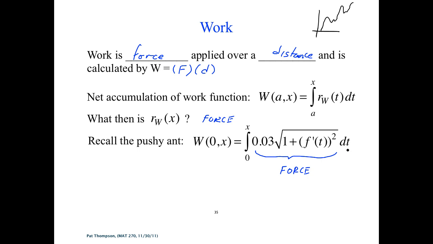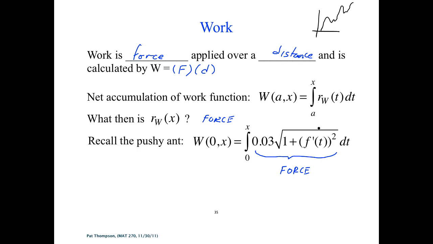Since we're accumulating with respect to x, it's taking that force and scaling it so that it's actually the force that the ant is pushing in the direction that he's going, which is not always in the horizontal direction. So this is scaling the ant's force for the direction that the ant is going.